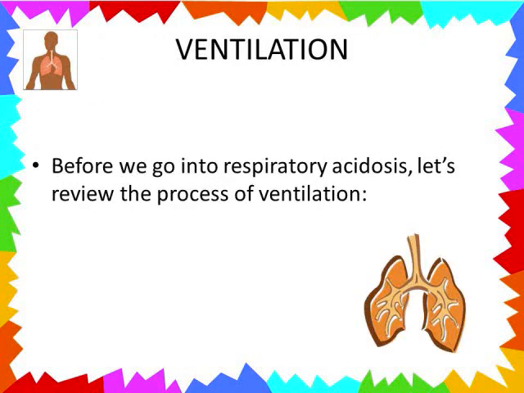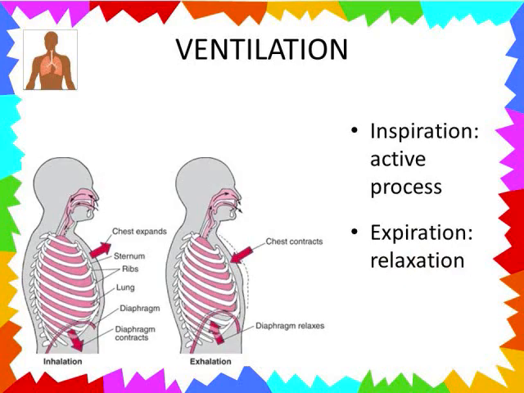Now before we go into respiratory acidosis, let's review the process of ventilation very briefly. When someone takes a breath in, they're using their muscles, they are working, they're using energy. It's a forceful act. But usually expiration is just a process of relaxing, letting the diaphragm relax and just letting the air out.